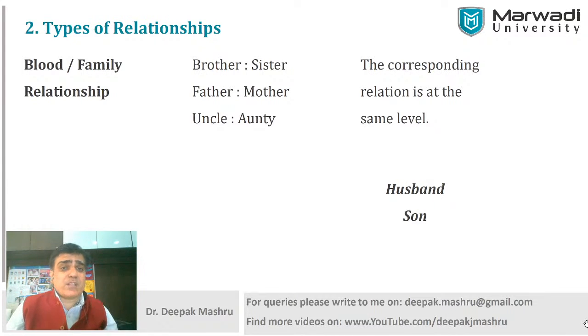Okay. So I'm going to go with the next type, blood relation or family relation, right? For example, a brother is to sister. It corresponds to the same level of relation. Father, mother, uncle, auntie, right? So what can be the relationship of husband to what, and son to what? Son is to daughter because we need to look at the same level. Husband, right?